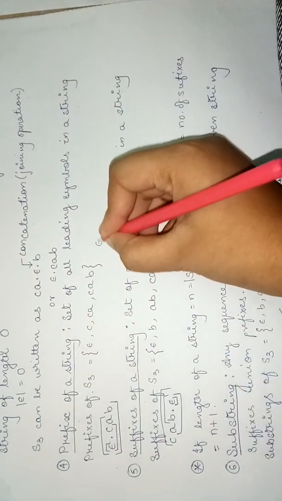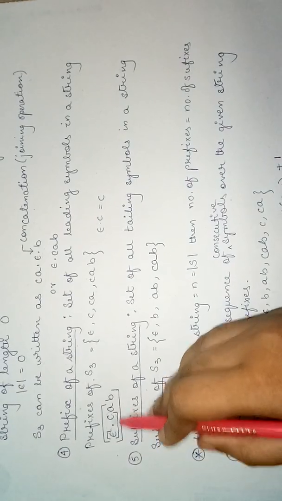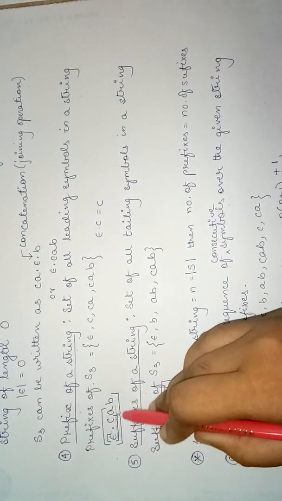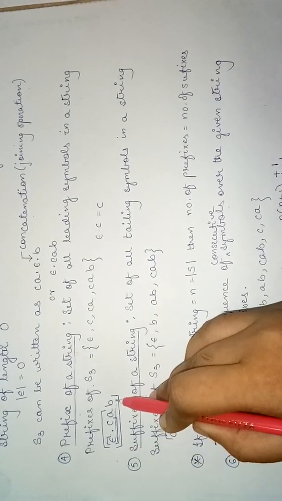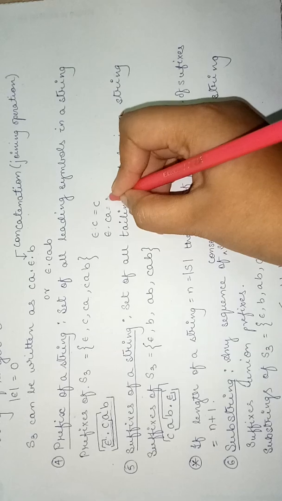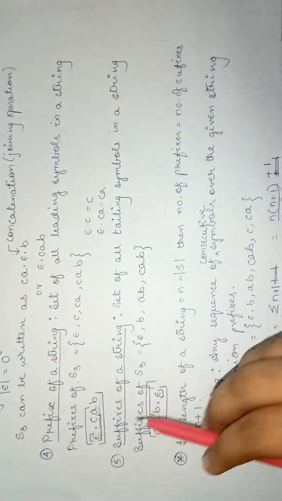Then epsilon CA, which is again CA, and then epsilon CAB is the same as CAB.